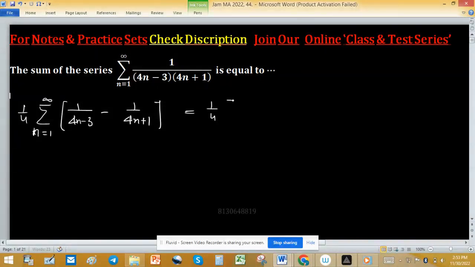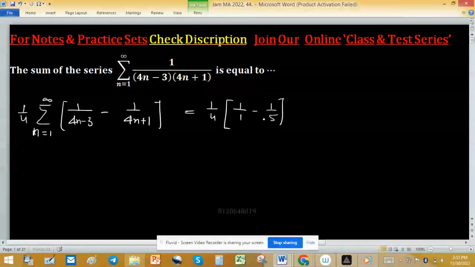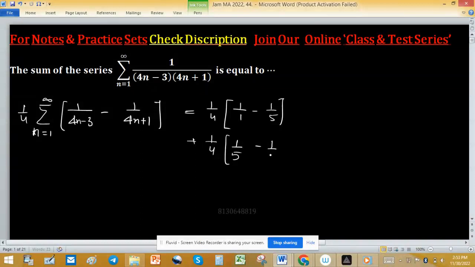So first term will be 1 by 4 outside, and you can write 1 upon 1 minus 1 upon 5. Second term will be 1 upon 4, 1 upon 5 minus 1 upon 9, and then 1 upon 4 outside, 1 upon 9 minus 1 upon 13, and so on.